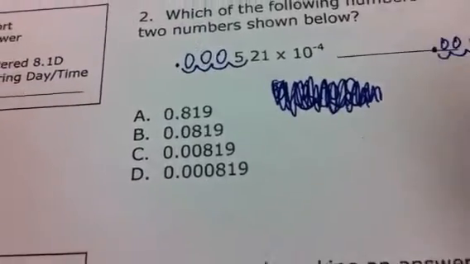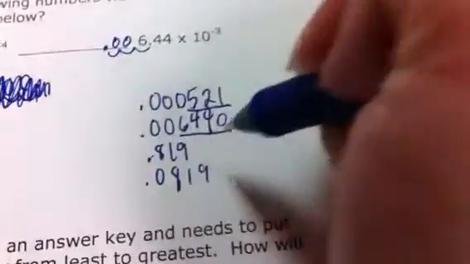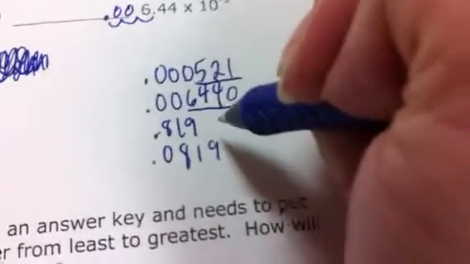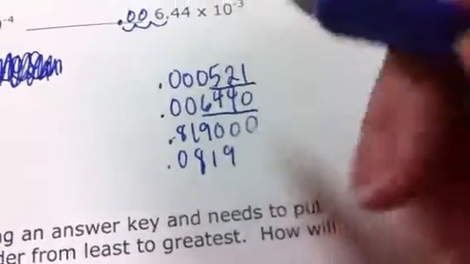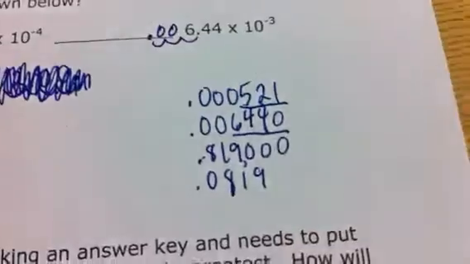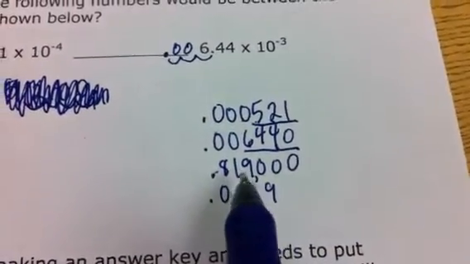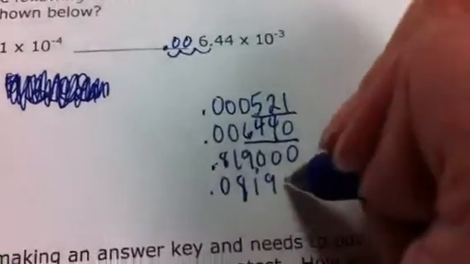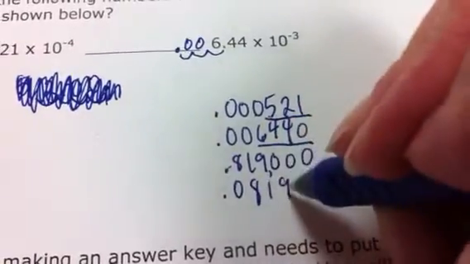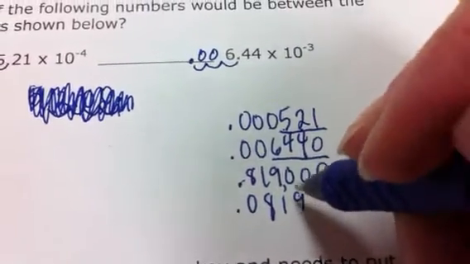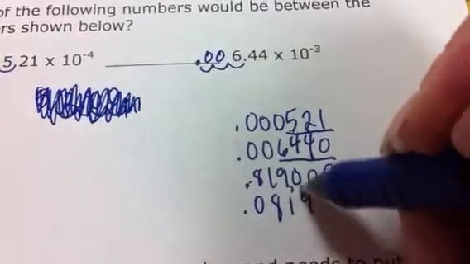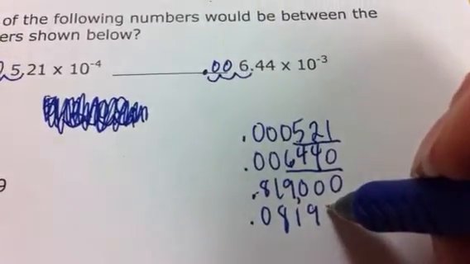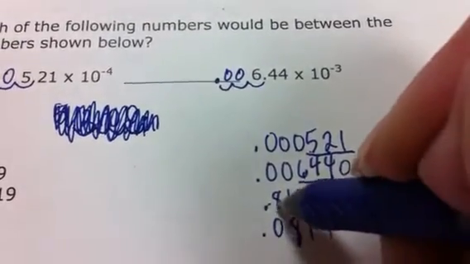Again, if we filled these answer choices in with zeros to hold our place value, this number would actually be 819,000.